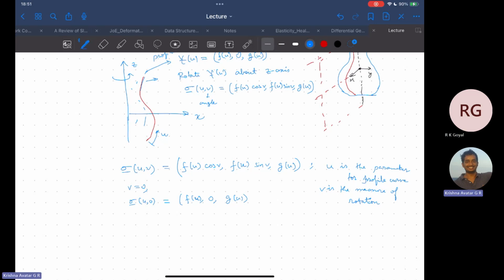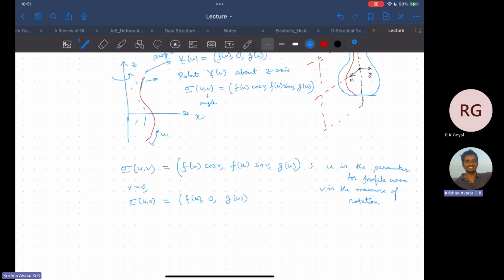This is also used in CAD and all the parametric modeling in CAD, that you give a profile, and then we can generate the entire surface of revolution based on that, right? So that's the reason.